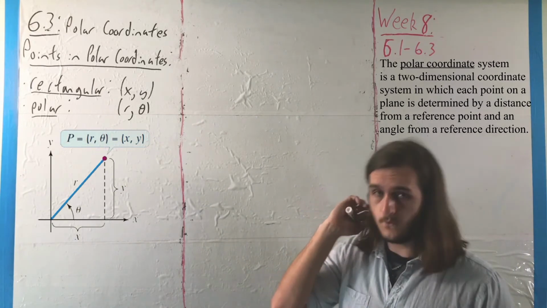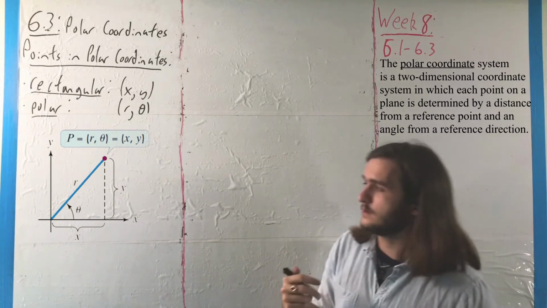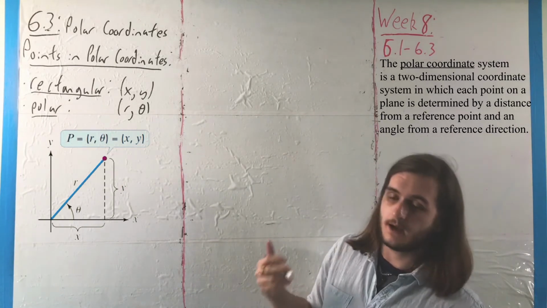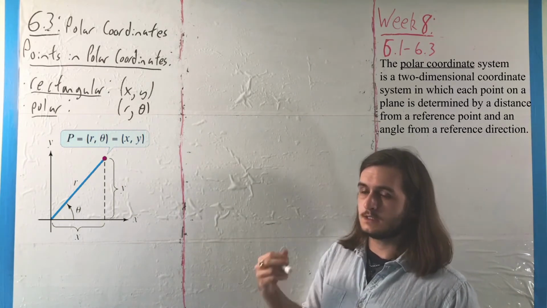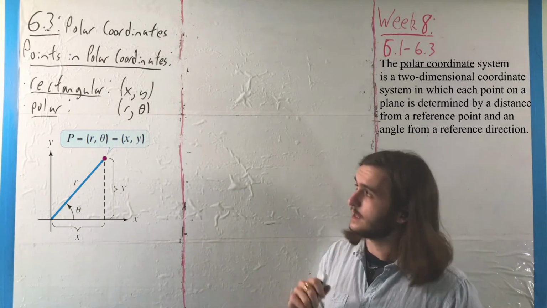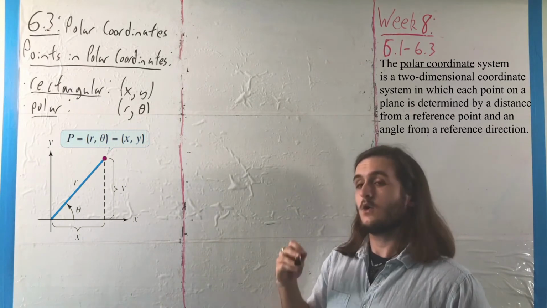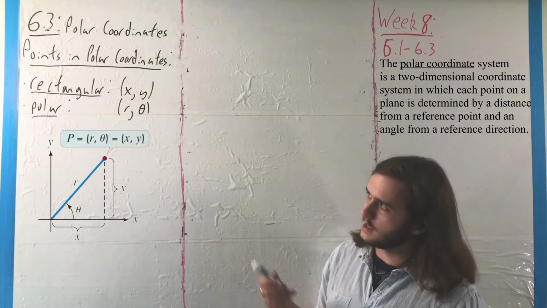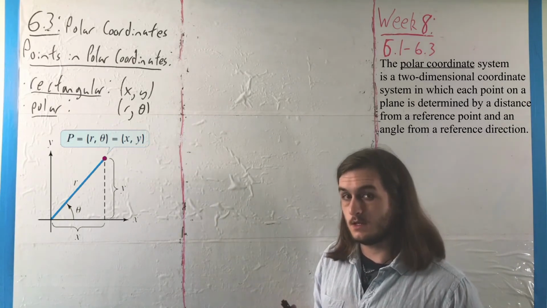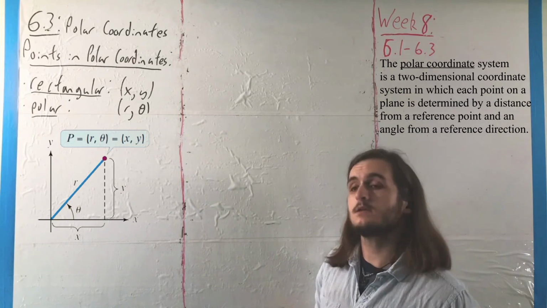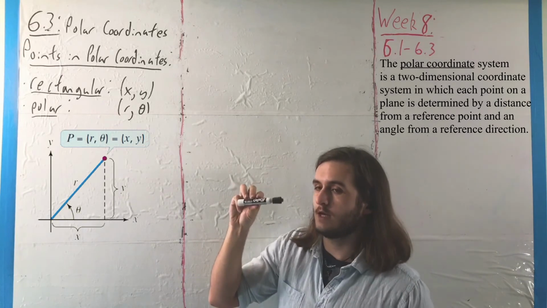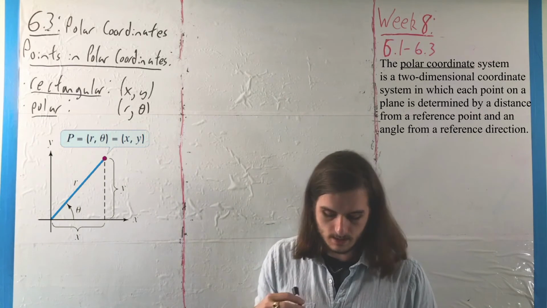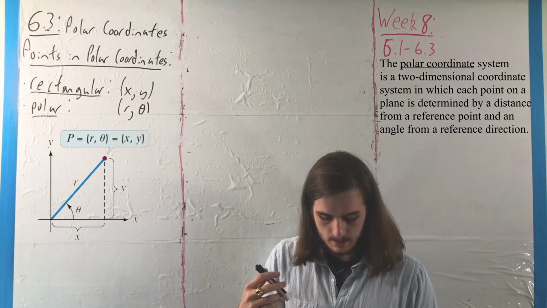For these types of coordinates, we have that radius type measurement r, that in this case can be positive or negative or 0. It's just a measurement of straight line distance from that pole, from that origin point. And we talk about angles theta in the same way that we did in chapters 4 and 5 and 6. That is, if we rotate counterclockwise, it's taken as positive, and clockwise is taken as negative.